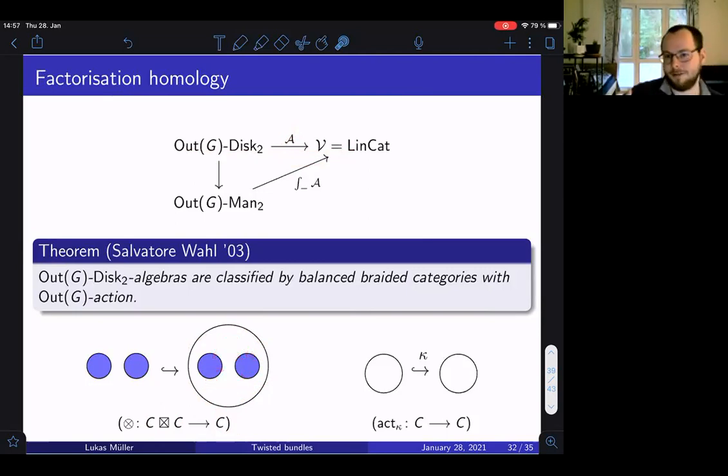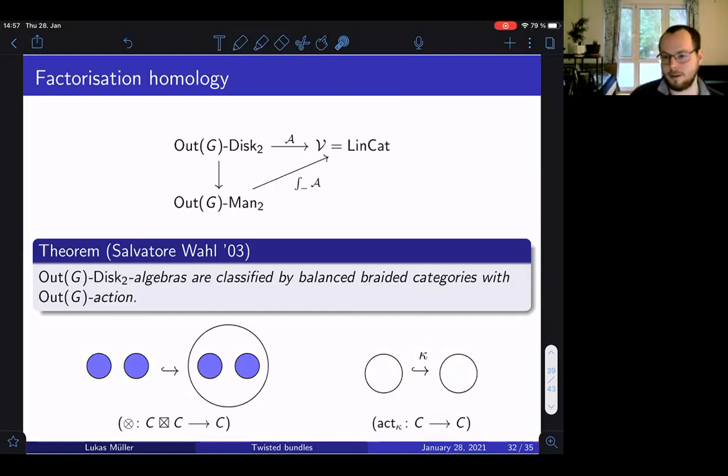And I can evaluate my functor on this, which will give me a natural transformation, which is the braiding. And the action of an automorphism is just given by considering the identity embedding, but using a gauge transformation corresponding to an outer automorphism. And this will give us an action on this category C.